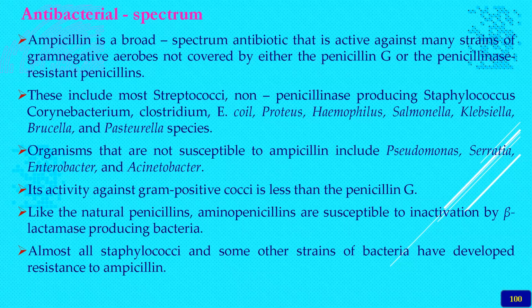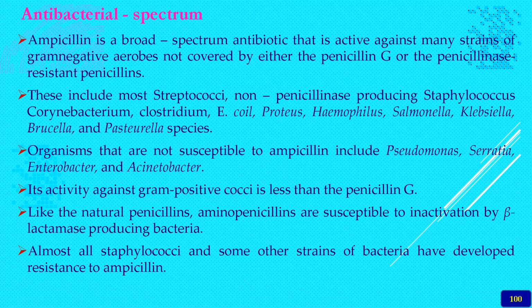Actually, penicillin is superior. Like the natural penicillins, aminopenicillins are susceptible to being inactivated by beta-lactamase producing bacteria. So this is one of the disadvantages of the aminopenicillins. They are destroyed by the beta-lactamase enzyme, which is produced by the bacteria. And almost all Staphylococcus and some other strains of bacteria have now developed resistance to ampicillin.